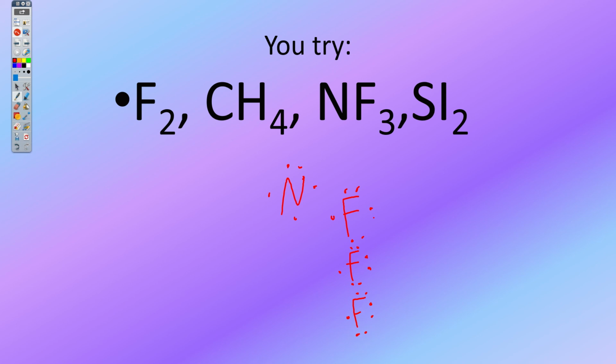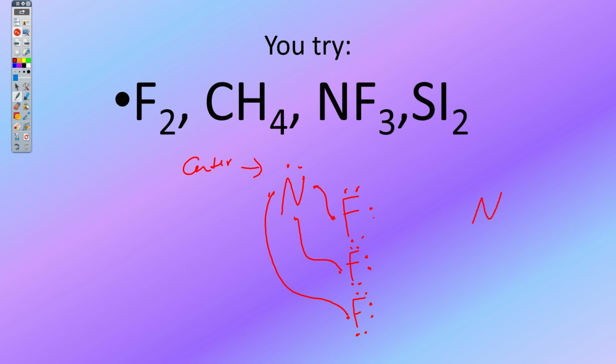Step 2, I've got to figure out which one is my center. It's the one with the most unpaired. Fluorine only has 1 unpaired, but nitrogen has 1, 2, 3. So nitrogen is my center. All my lines are going to come from my center. So from nitrogen to fluorine, whoop, from nitrogen to fluorine, whoop, and from nitrogen to fluorine, whoop. Now I'll just redraw it.